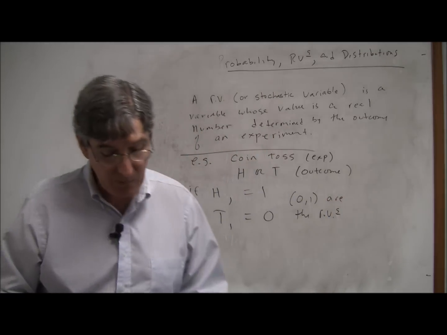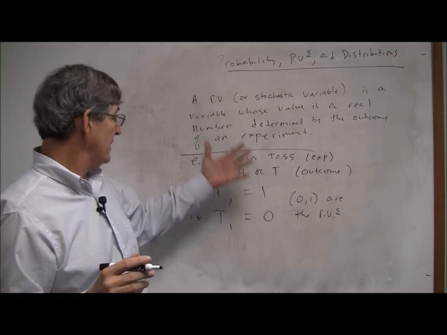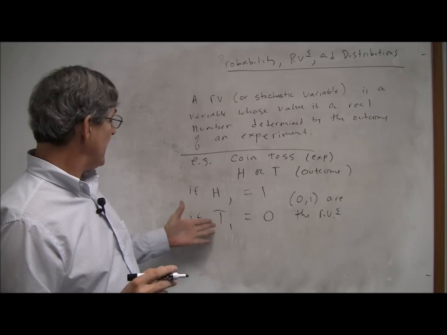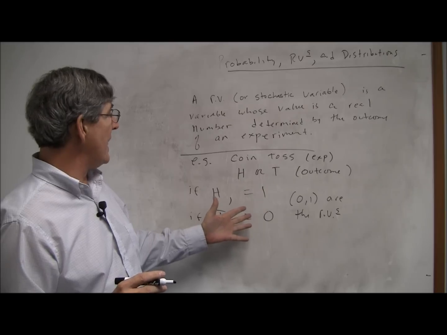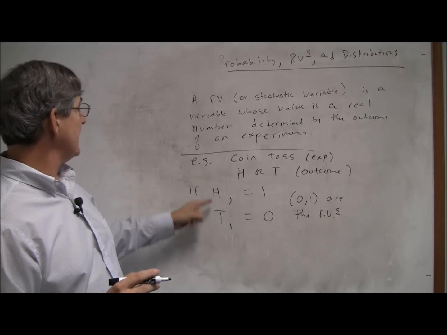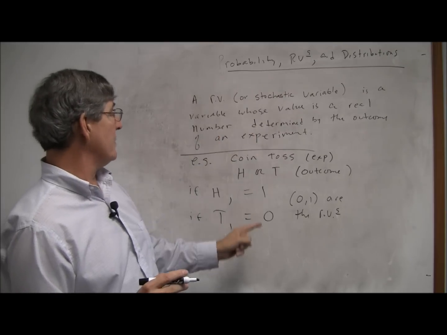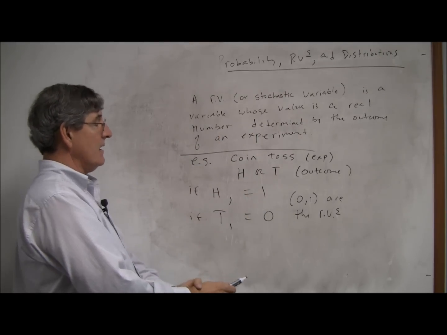And it wouldn't have to be 1 and 0. We could assign whatever numbers we wanted, 1 and 2, whatever. We just assign it some number based on the outcome of the experiment. Those turn out to be the random variables. Random variables aren't letters like H and T. Remember, it's a real number. And so we make these assignments to give us a random variable.